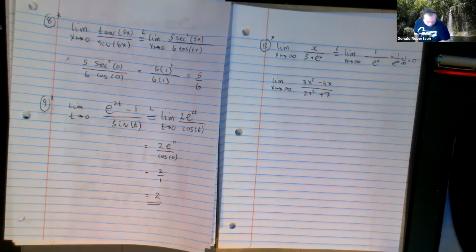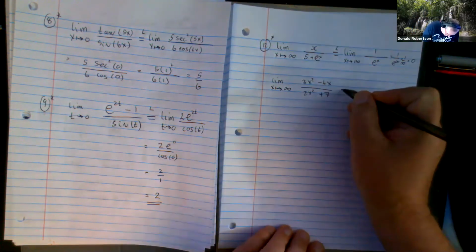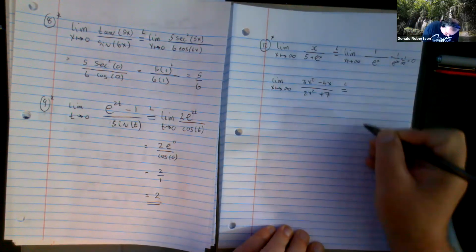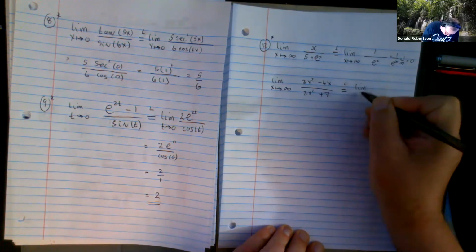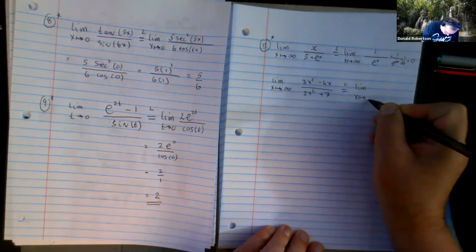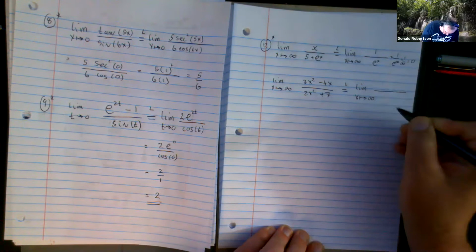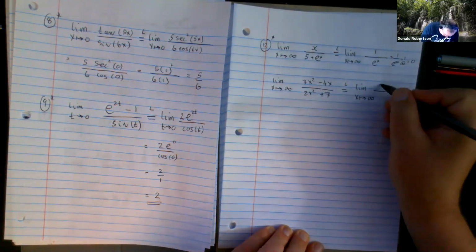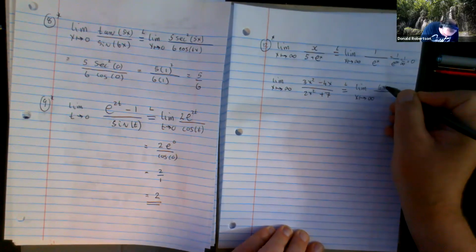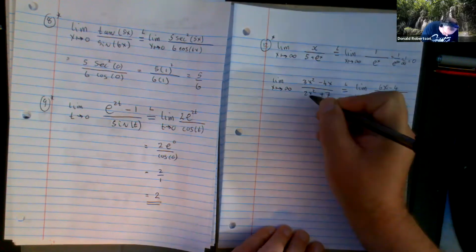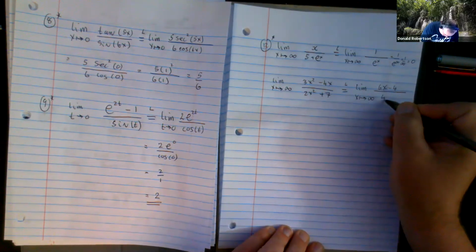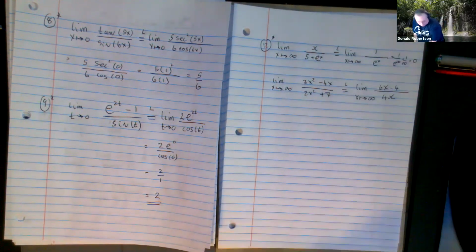It's indeterminate form. Let's do L'Hopital on it. Differentiate this guy, you get 6x take away 4. Differentiate the bottom guy, you get 4x.